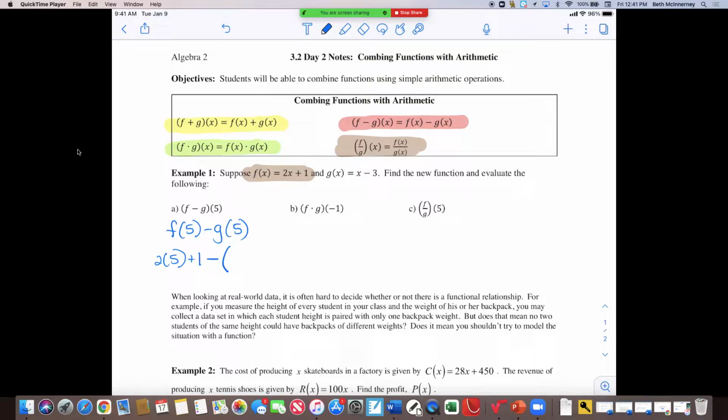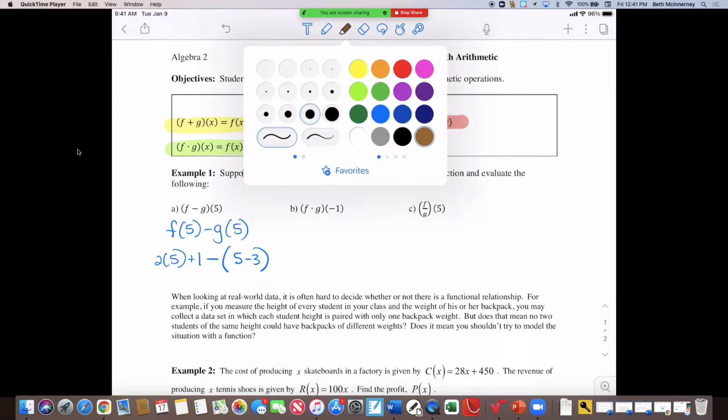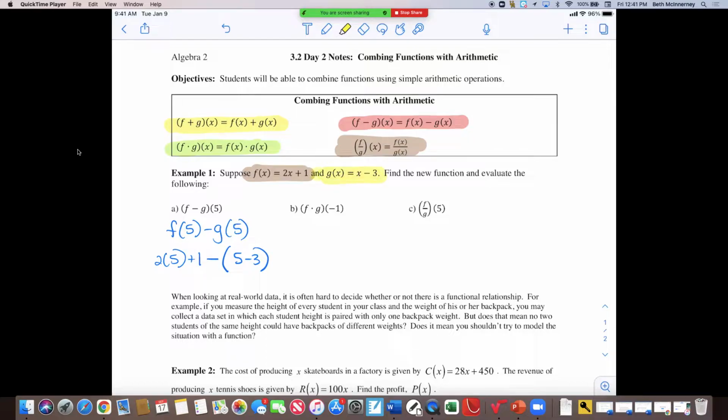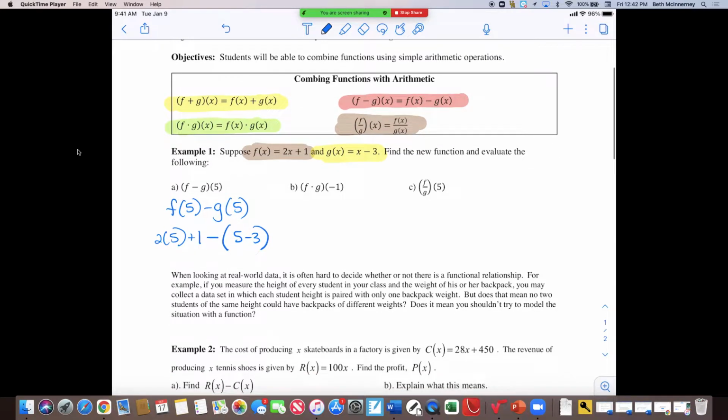So that's going to be 5 minus 3, because I'm going to the g function and I'm replacing x with a 5. That's where the 5 minus 3 came from. So this is 10 plus 1 minus 2. So that is 9.